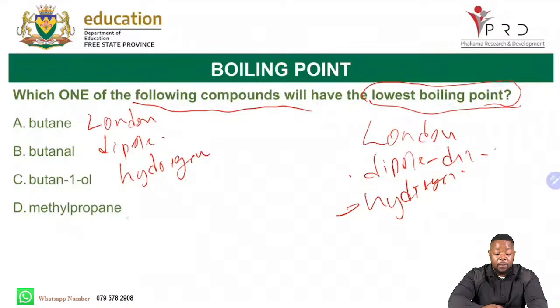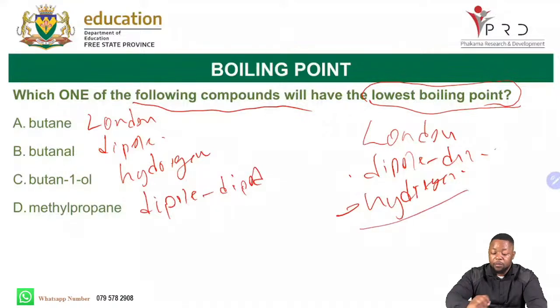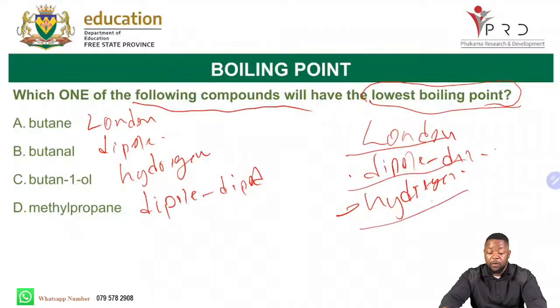And then we have methyl propane, where we expect the London forces. Remember the strength: hydrogen bonds are the strongest, followed by the dipole, and the weakest ones are the London forces. The stronger the intermolecular forces, the higher the boiling point. The weaker the intermolecular forces, the lower the boiling point.